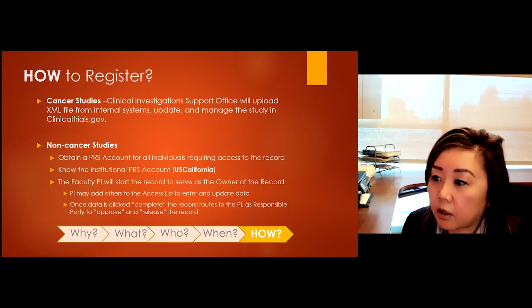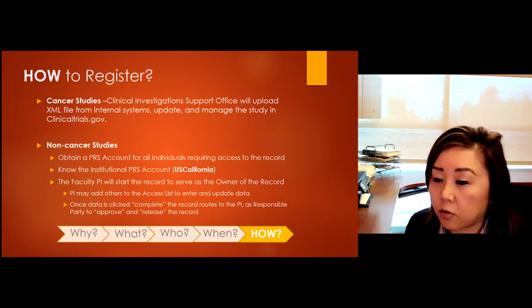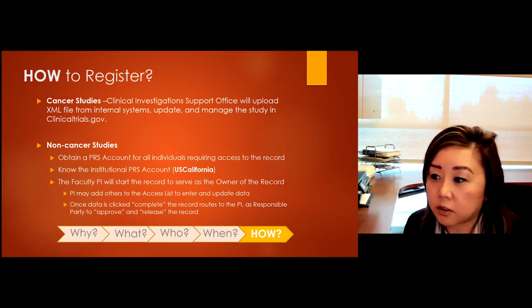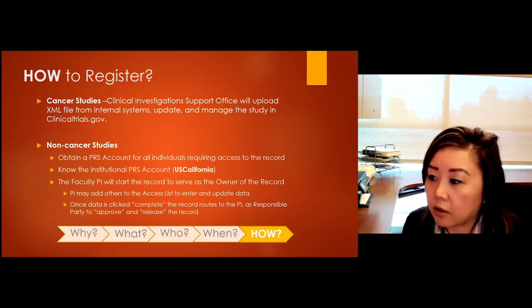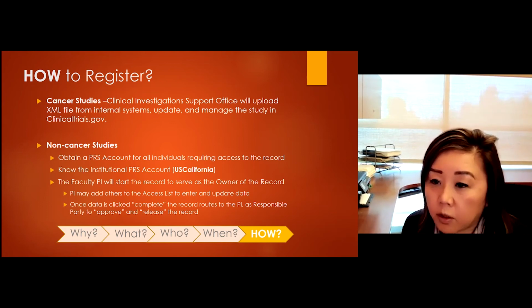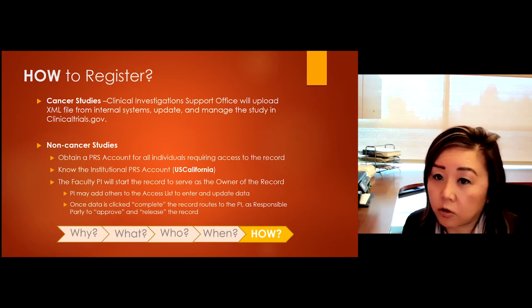Now for non-cancer studies, you would need to obtain a PRS account for all individuals requiring access to the records. So the faculty PI will serve as the owner of the record, and then they can give access to whoever else they need. Maybe you have a study coordinator that may be entering the data and managing the updates, so you may want to add them to the access list.